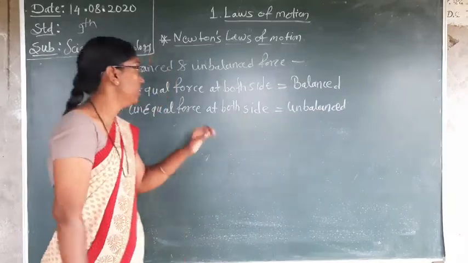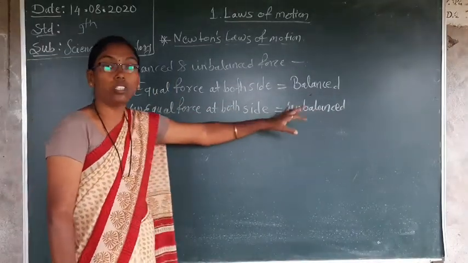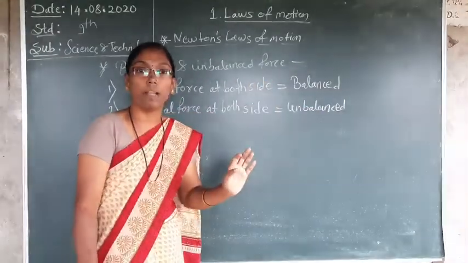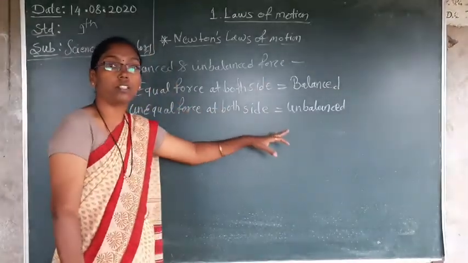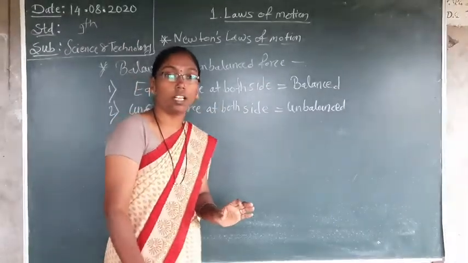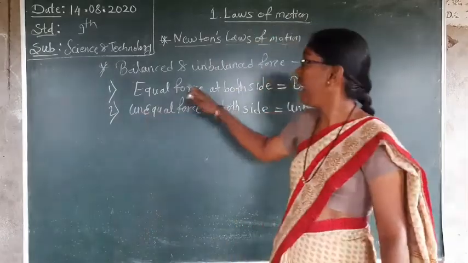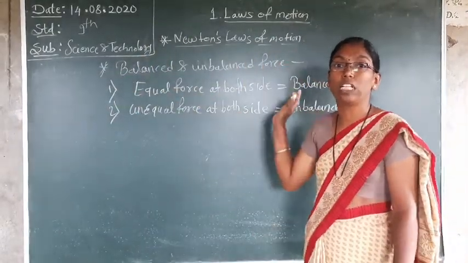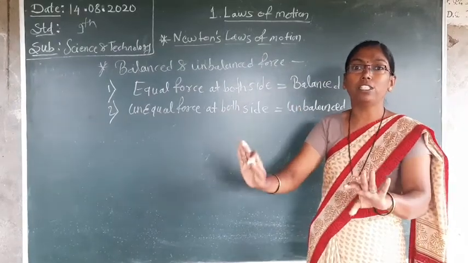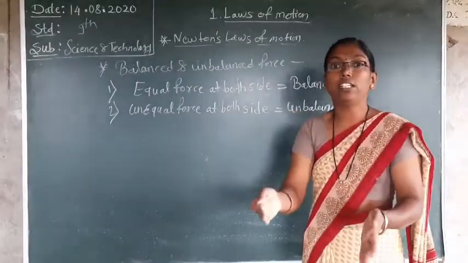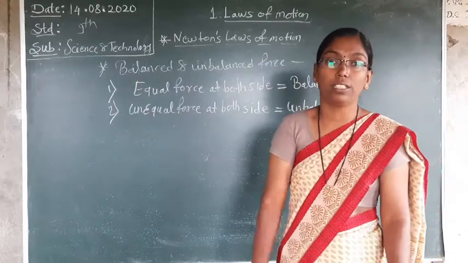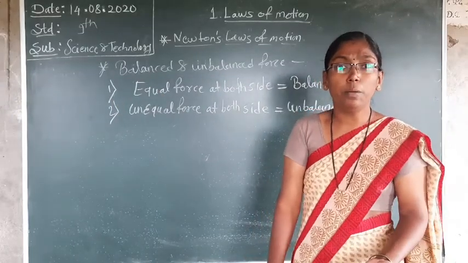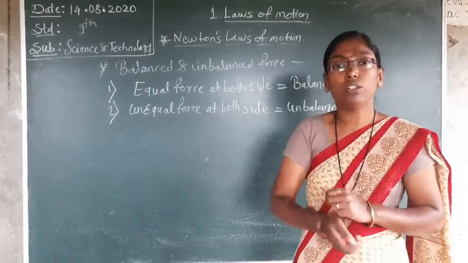In the game we can see that equal forces at both sides mean balanced force, and unequal forces at the two sides mean unbalanced force. Balanced force means 5 students at one side and 5 students at the second side. Unbalanced means 10 students at one side and 2 students at the second side. It is unbalanced force. We continue the game.